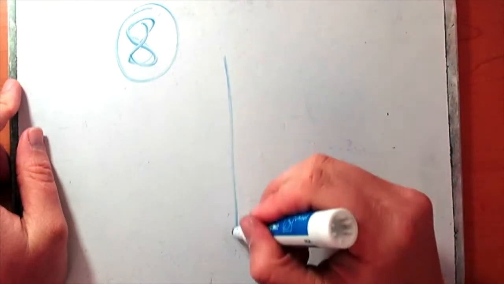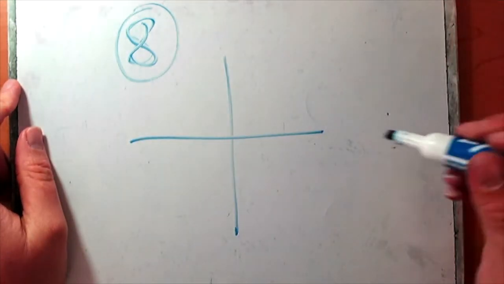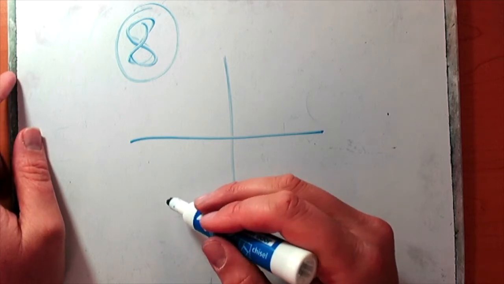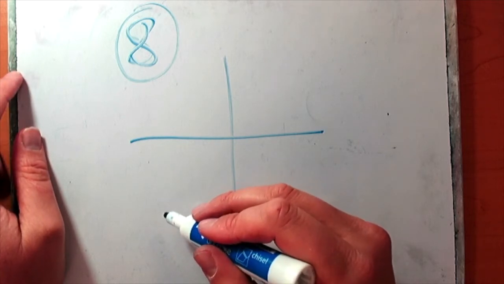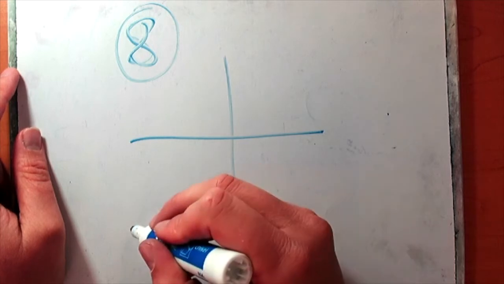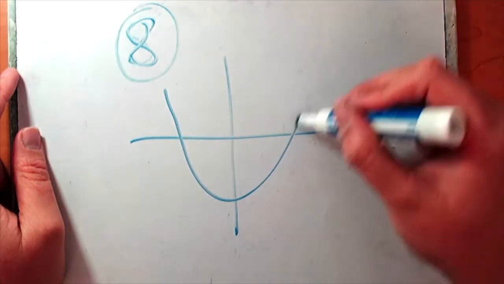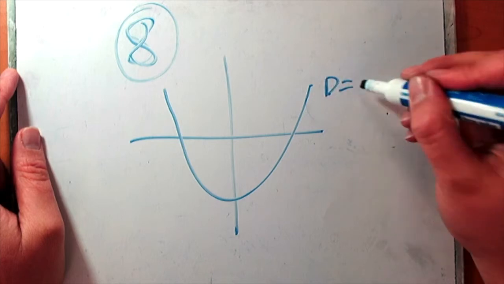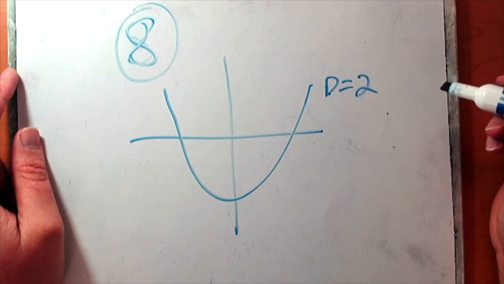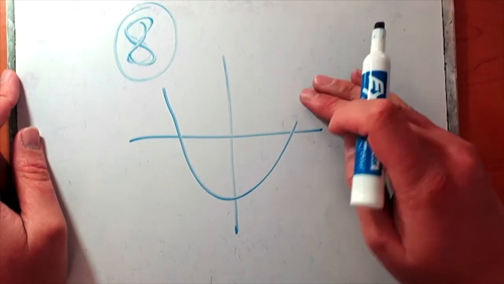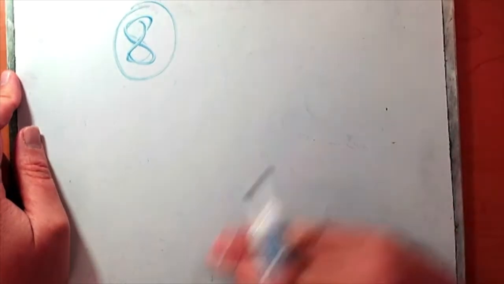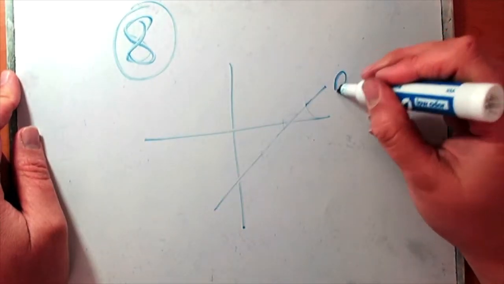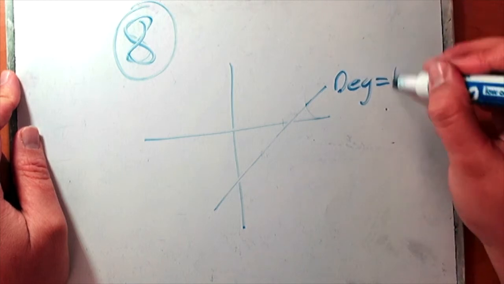In any graph, the number of different directions that it goes gives us the degree. So if it goes like this, this is degree 2. If it's just a line, like this, that is degree 1.